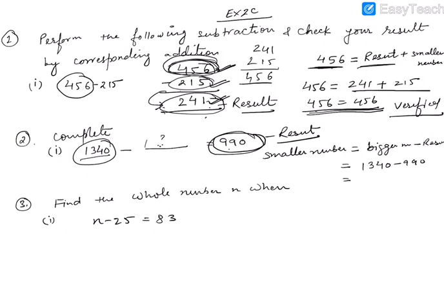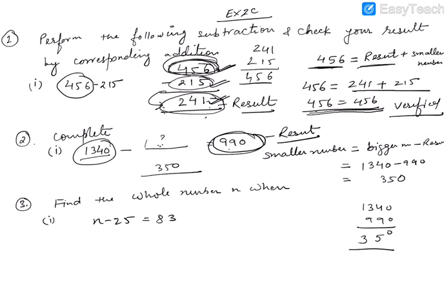So you can see here 13, 40, 990, 0, 14 minus 9, 5, then 12, 3. This is 350. So in the fill in the blanks we'll write 350. Same way you can do other questions also.